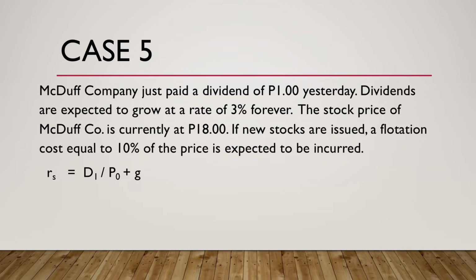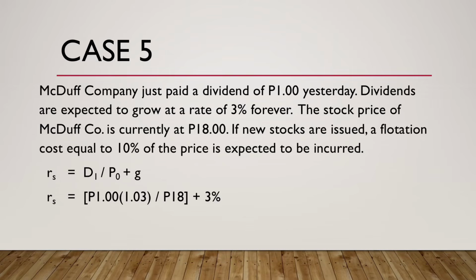If we are going to fund this project using internal equity, talking about retained earnings, technically, retained earnings belong to the common shareholders, so there will be no necessary adjustment in arriving at the cost of equity. R sub S is equal to D sub 1 over P sub O plus G, the dividend yield plus the capital gains yield.